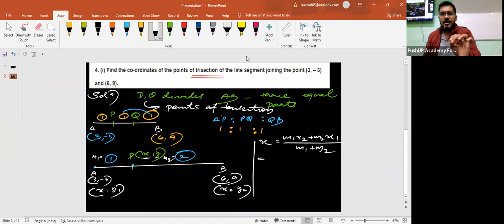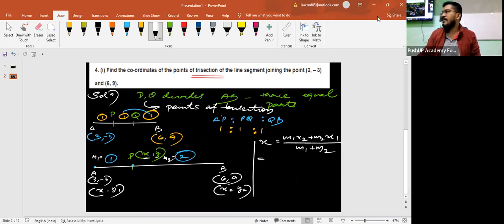Otherwise, in case one of the numbers goes wrong and you continue with the calculation, you will definitely get an answer, but the answer may be a wrong number. So again, you have to start from scratch. So in order to save time, once you substitute the values into the formula, cross check whether the substitution has been correct or not.